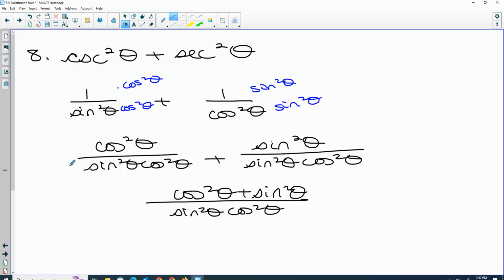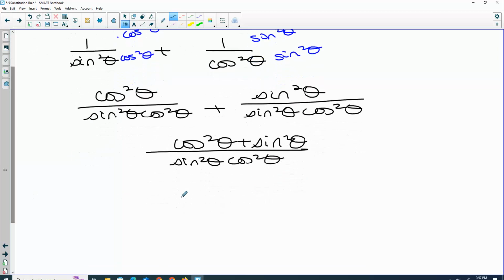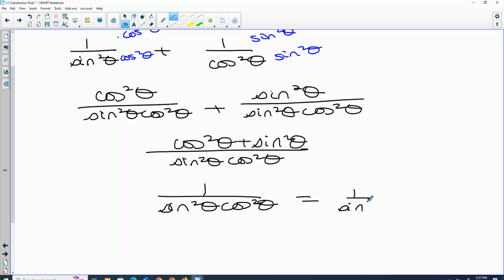What's cosine squared theta plus sine squared theta? 1. You might have seen it from here. If you didn't, you could always separate it. It's the same thing as saying 1 over sine squared times 1 over cosine squared. So these are the ones you have to know. What's the reciprocal of sine? And the reciprocal of cosine?